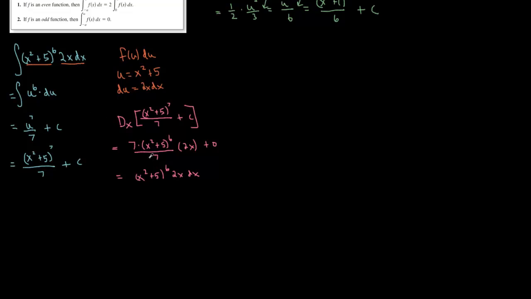So you can always check yourself with antidifferentiation. If you have an antidifferentiation problem, just differentiate, and then you'll know exactly whether your solution was right or wrong. If you get the original integrand back, then you're exactly correct. If you don't, you made a little error somewhere.